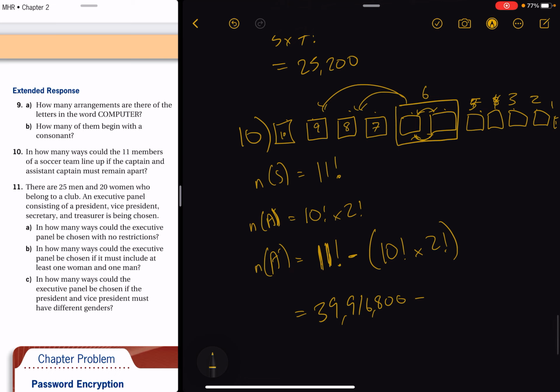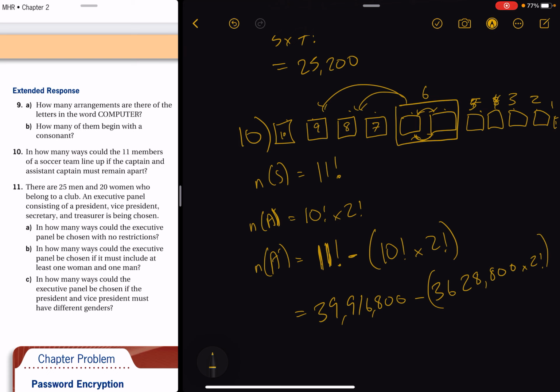Take away 10 factorial, 3,628,800 times 2, well, times 2 factorial.